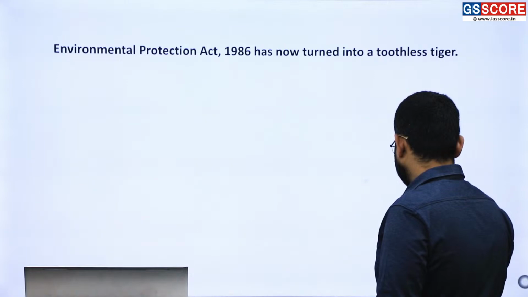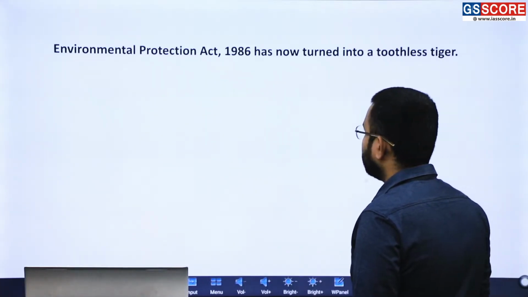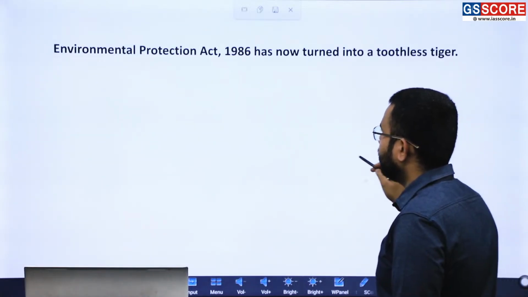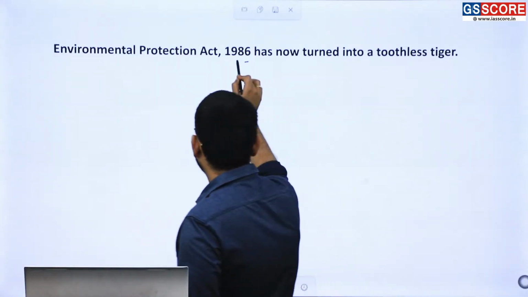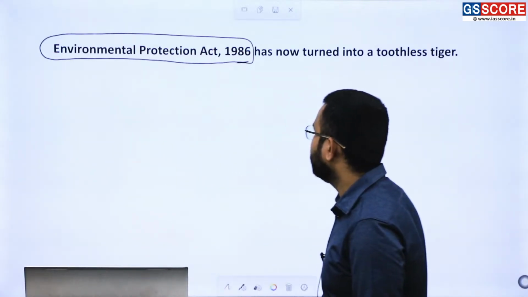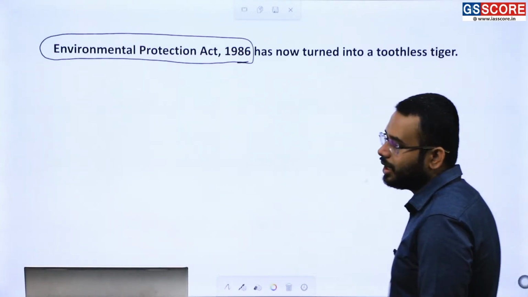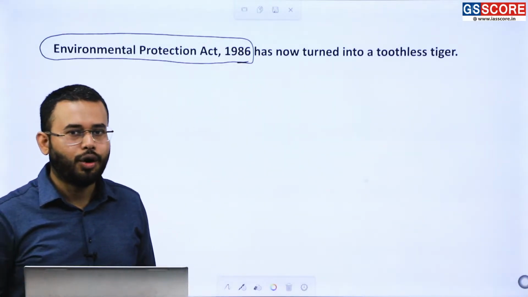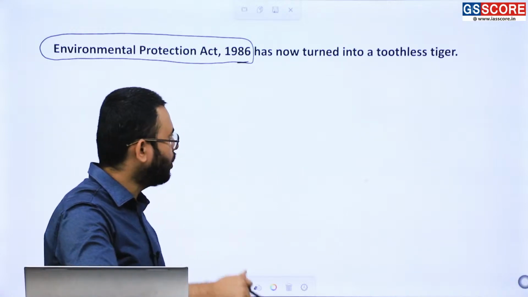Now this question, they are talking about the Environmental Protection Act of 1986. The Environment Protection Act of 1986 is an umbrella legislation for the preservation and conservation of the environment.